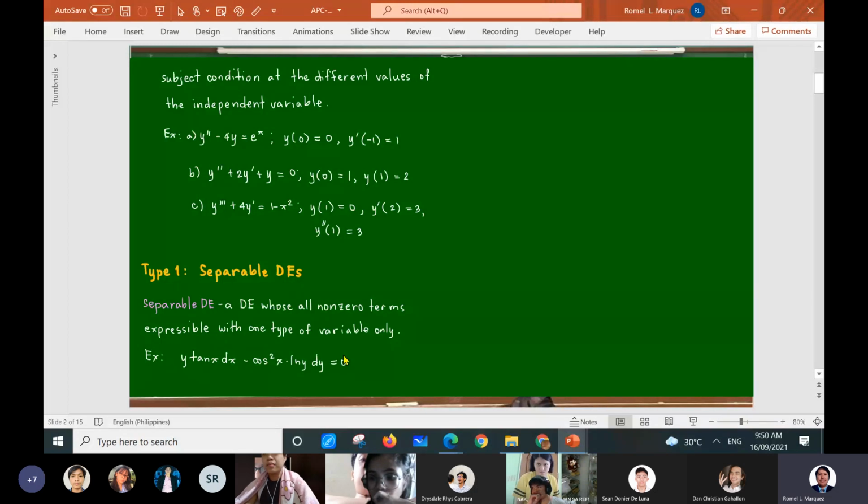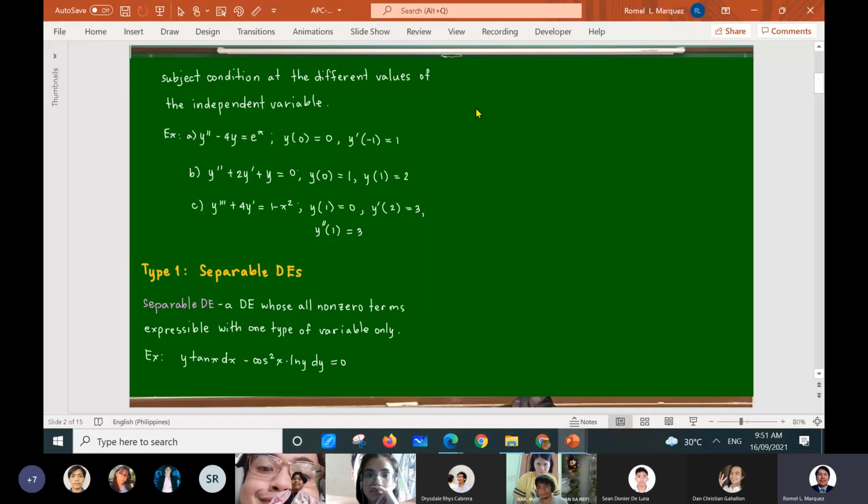This is separable, because if I divide this by y here, this will be in terms of x alone. And while this one, we have to divide by ln y and multiply by cosine squared x, so that this will be in terms of y alone. Okay? So it means we will be able to separate variables, because we will come up with one type of variable only involved in every term, as long as it is not 0.